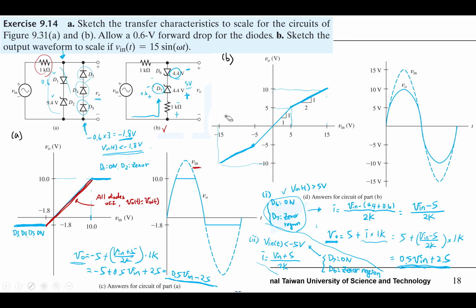Okay, so we have the equation here. This is VO equals 0.5 V in plus 2.5, and we have this. This is VO equals 0.5 V in minus 2.5. And what in between is both of them are off. So here it's VO equals V in. All right.